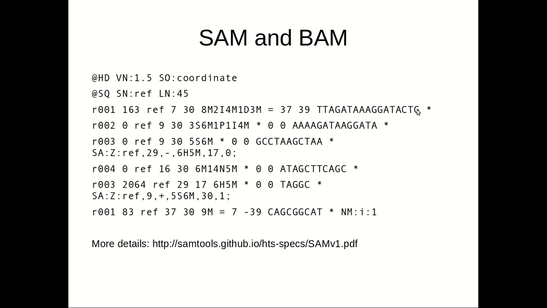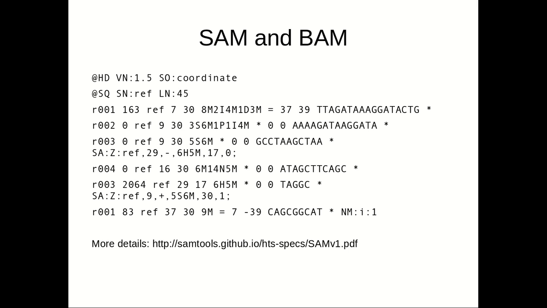Once we've aligned, what we end up with are SAM or BAM files. This here is an excerpt of a SAM file. The details of what this looks like are not that important, but what you need to know is it tells you where each read is aligned, what sequence the read is aligned to, how good the alignment is using the alignment quality score we went over earlier, what strand it is on, things like this.